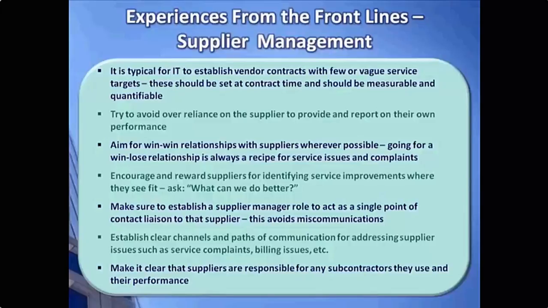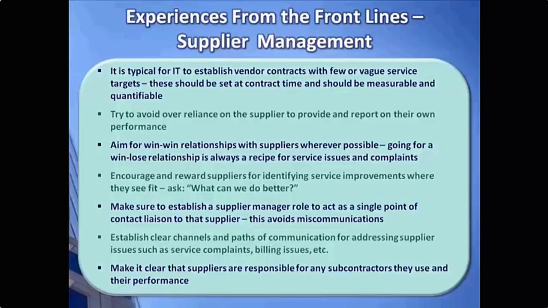If there's a win-win relationship established, that vendor wants your business, they're going to go over and above what's in the contract to keep getting your business, and will certainly be incented to keep providing good service. So win-win whenever possible, in my opinion, is the way to go, and try to avoid those types of things where it's a win-lose, and even worse, the lose-win. That's where the vendor has you over a barrel, and they're going to stay in there no matter what. So those are the things you're trying to avoid.